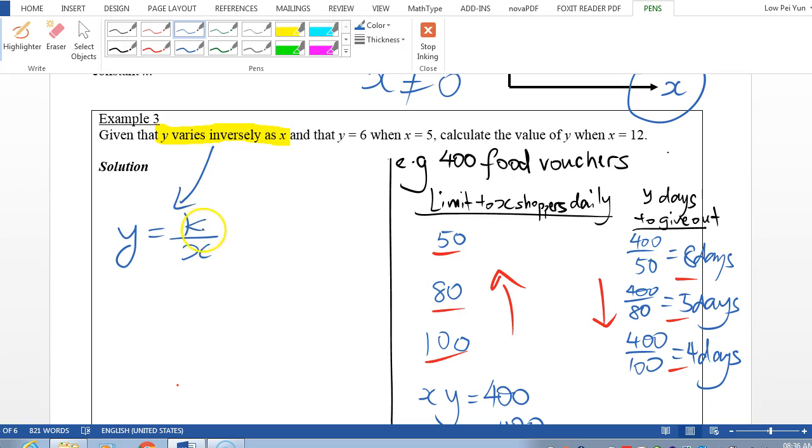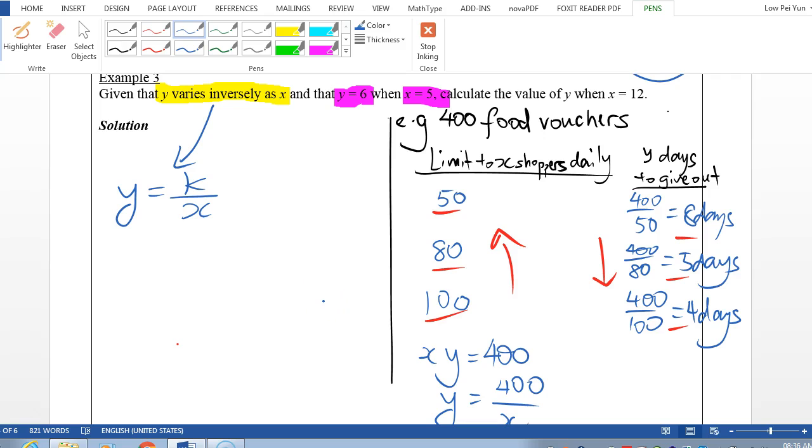Now, we need to find the value of k that is relevant to this example. It has been given that when y is 6, x is 5. So we are going to sub in the values. When y is 6 and x is 5, these values allow me to look for the value k.